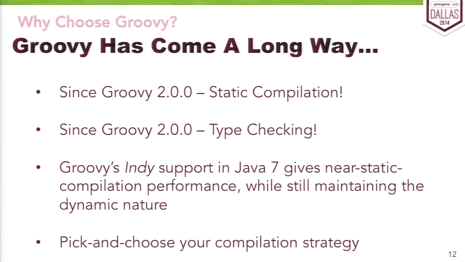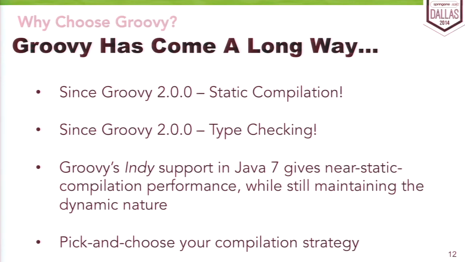But Groovy has a classifier for one of its artifacts for invoke dynamic support, Groovy Indy, and we can get very near static compilation performance and still maintain the dynamic nature, so still garner all the benefits that Groovy has as a language. When we do static compilation, we sacrifice a little bit, which is very sad.